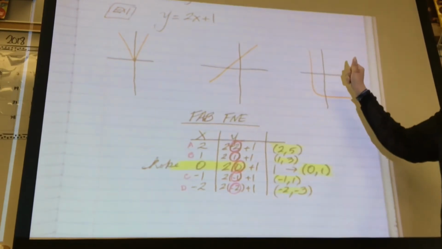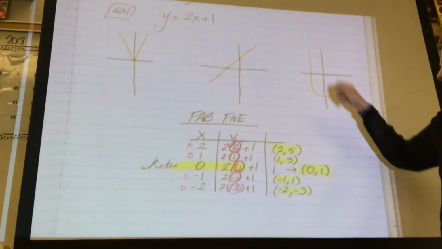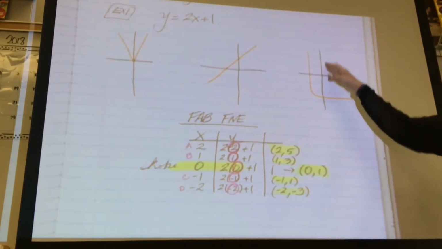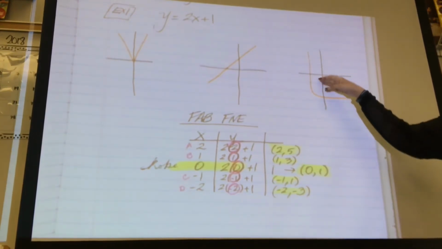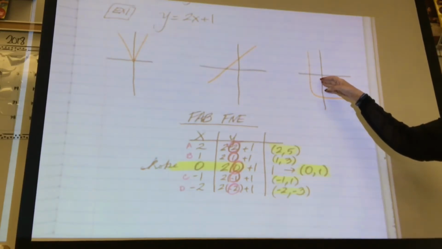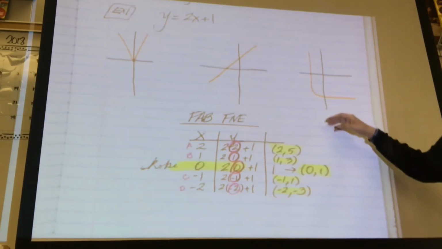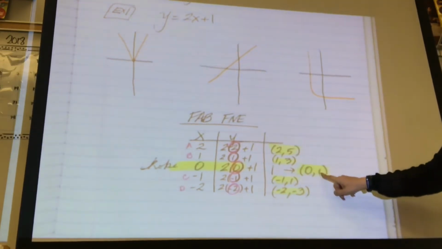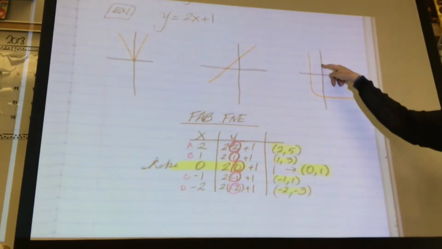What's positive? It is, but how come you didn't go to the right? How come you went up? Help him out, Emilio. The right is what letter? Y. The Y. So you go up 1.